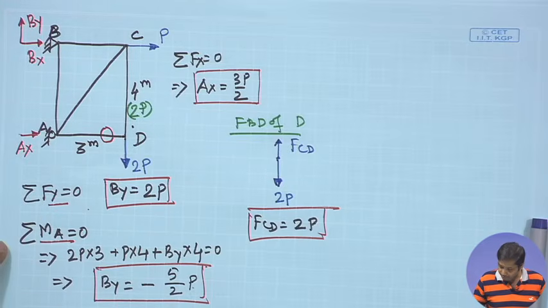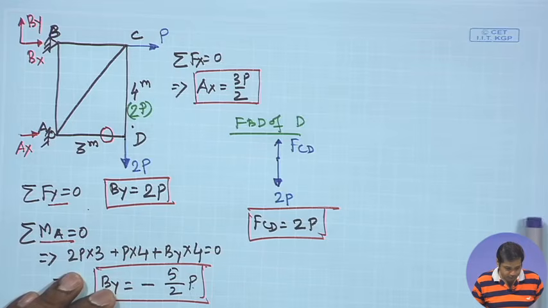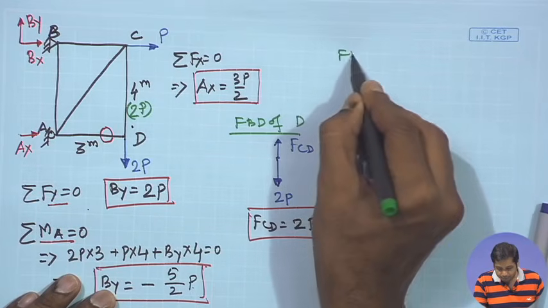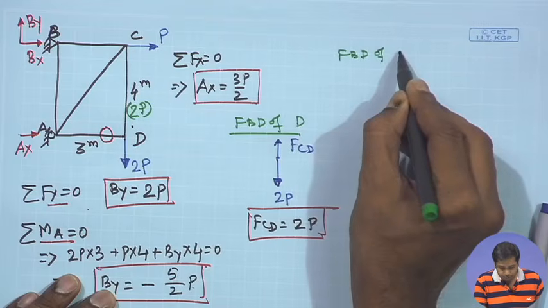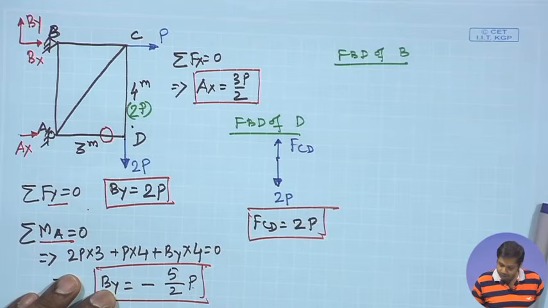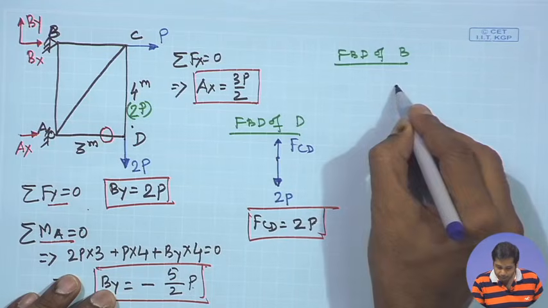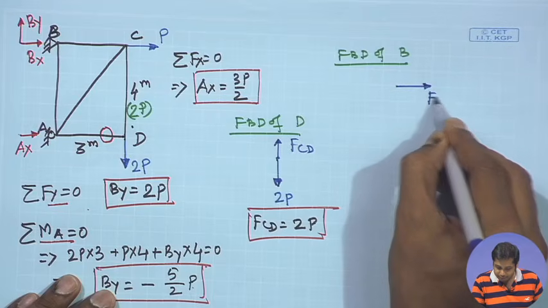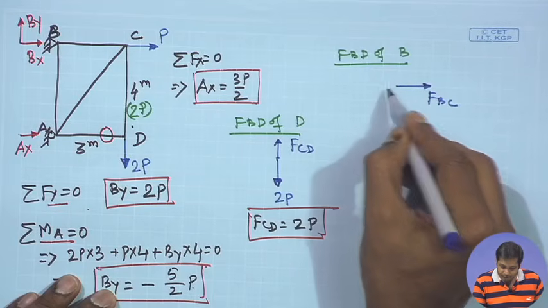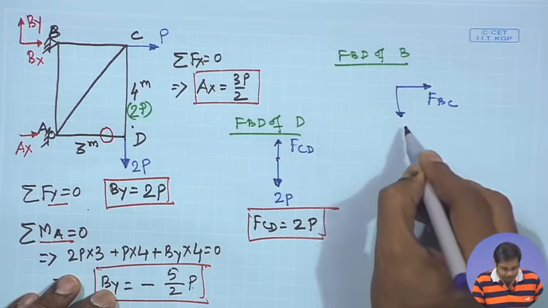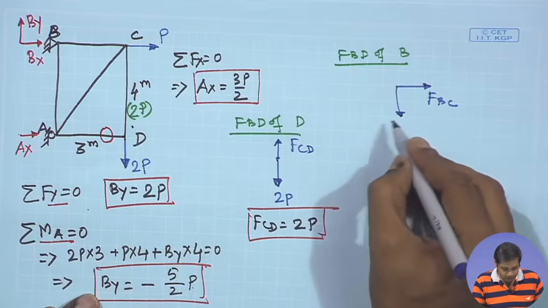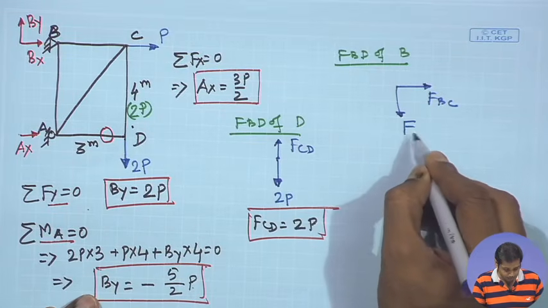If we take the free body diagram of joint B, then what are the forces we have? We have member force BC, FBC, then member force BA. If you remember, that is our sign convention: we assume tension in a member is positive.